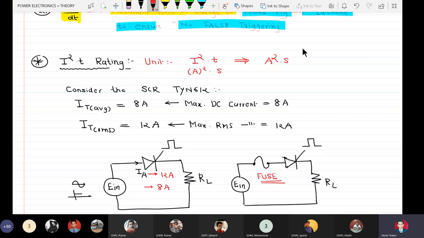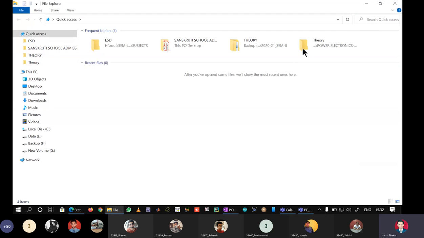Okay, now let us see what is the datasheet rating of TYN 612.